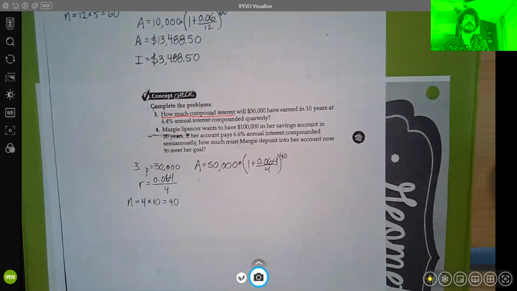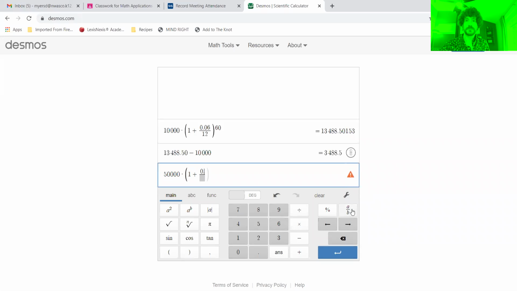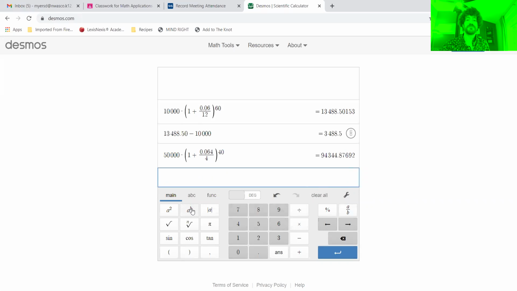So that's the equation that we'll be typing into Desmos over there. So I'm going to switch on over, take a look at it, get our answer here. So 50 grand multiplied by 1 plus 0.064 over 4, and that is all to the 40th power.